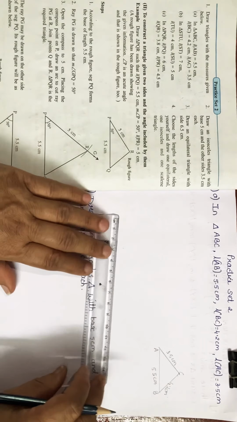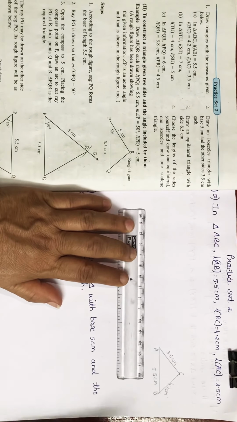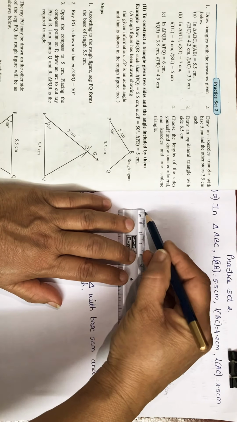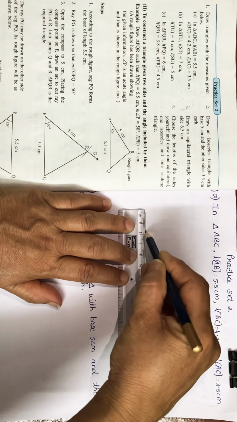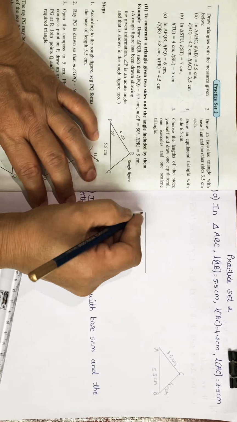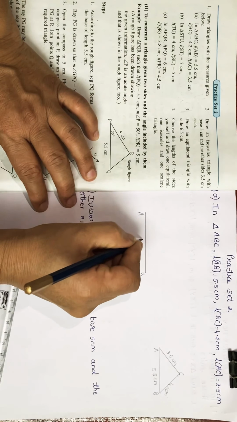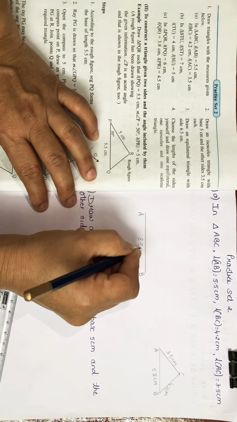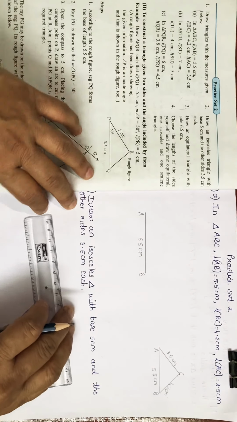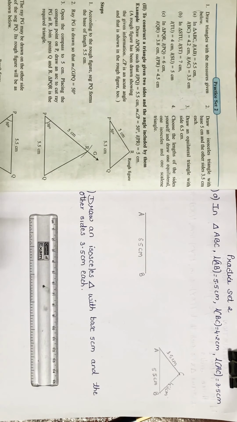So let's take the base. So keep the scale here and draw 5.5 centimeters. So from 0 we start, we go up to 5.5. Label this point as A and B segment, 5.5 centimeters. Now on the scale, we'll take the measurement as 3.5 centimeters since length AC is 3.5.